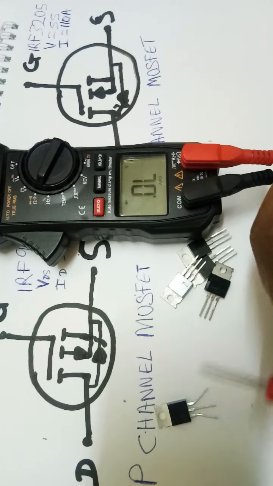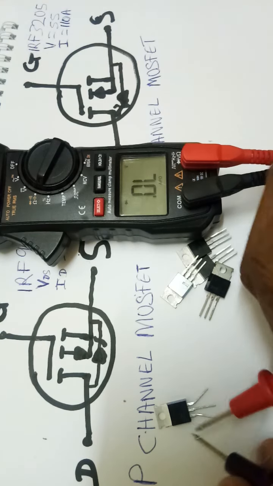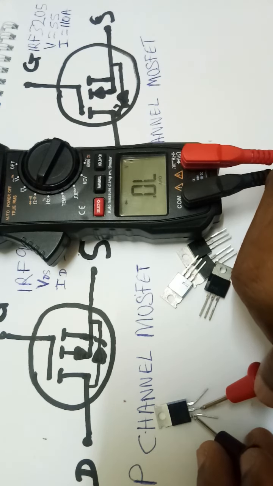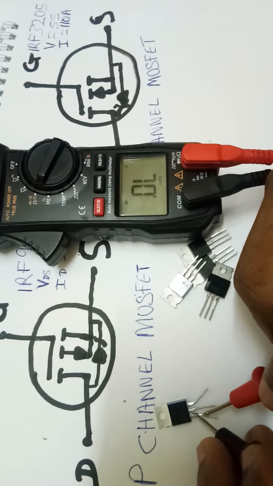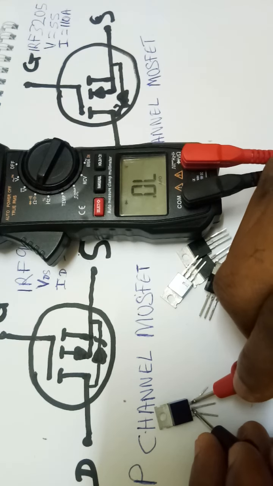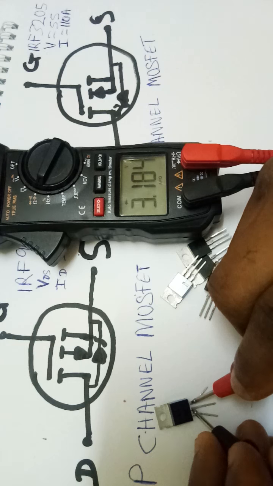So when I reverse bias it, you know when a diode is reverse biased, it becomes an open circuit. So it's not supposed to show any reading, because a P channel MOSFET, when you place the red probe at the source and the black probe at the drain, it's not supposed to show any reading.